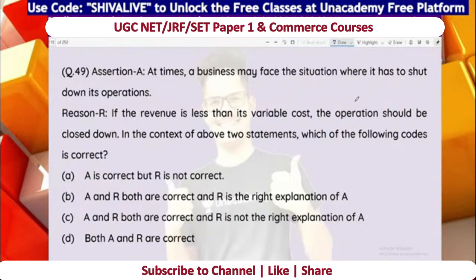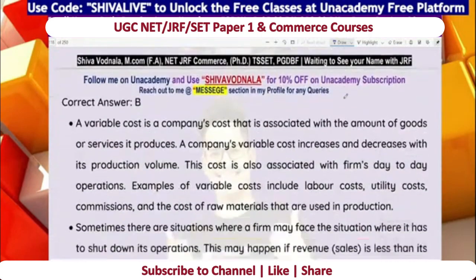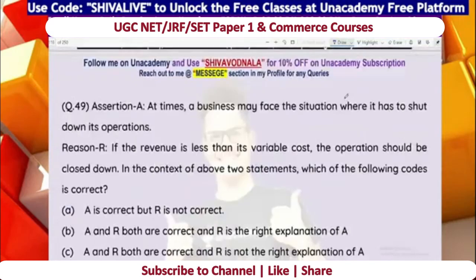At times a business may face a situation where it has to shut down its operations. If the revenue is less than the variable cost, the operation should be closed down. In the context of the above two statements, which of the following is correct? Option B: both are correct and the correct explanation is provided.